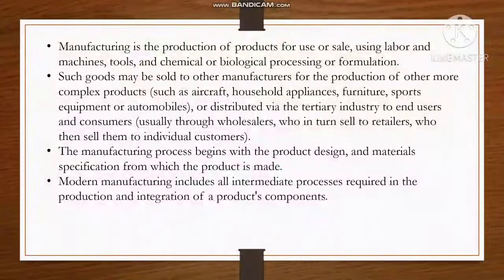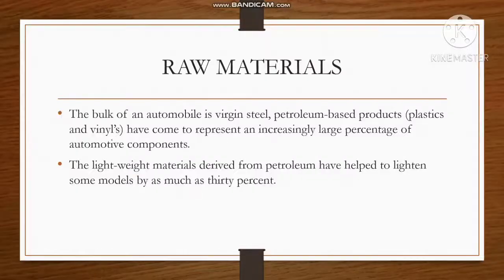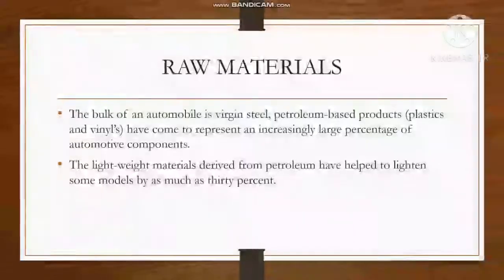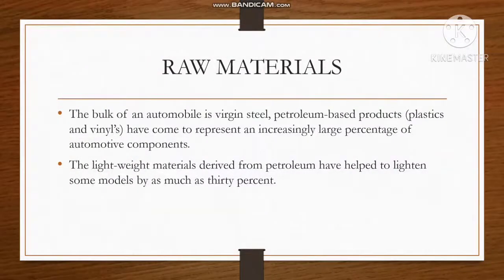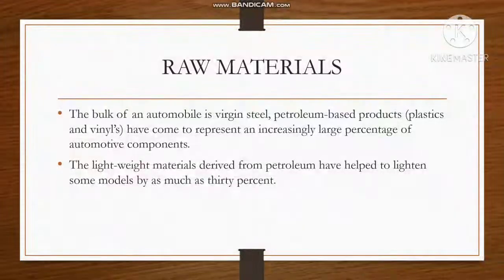Next we are going to methodology and working principle. The first is raw materials. Although the bulk of an automobile is virgin steel, petroleum-based products, with plastic and veneers, have come to represent an increasingly large percentage of automotive components.